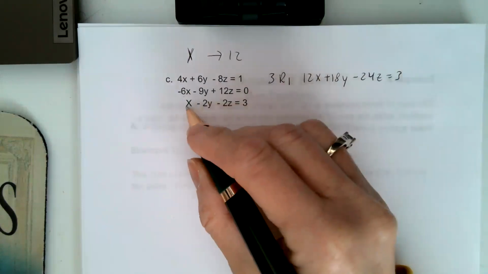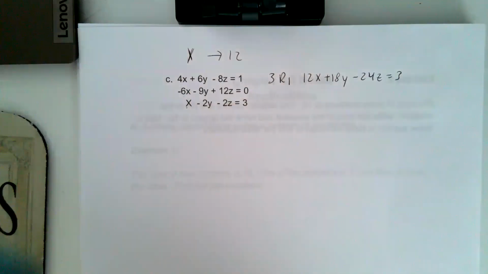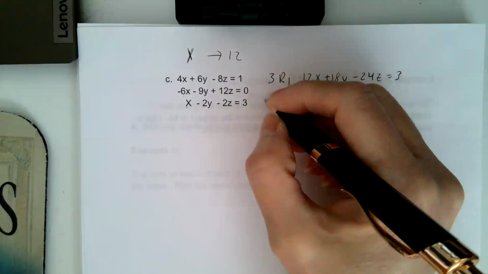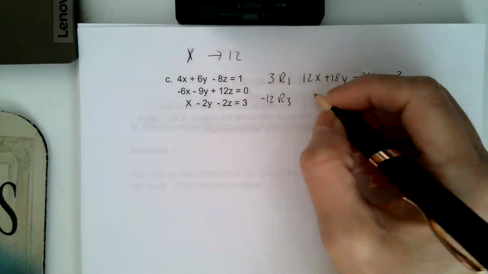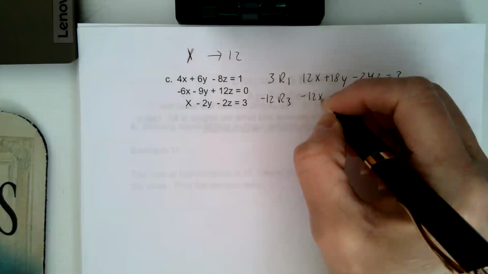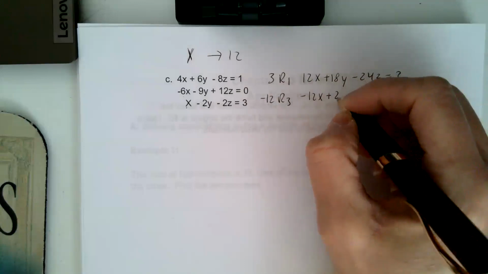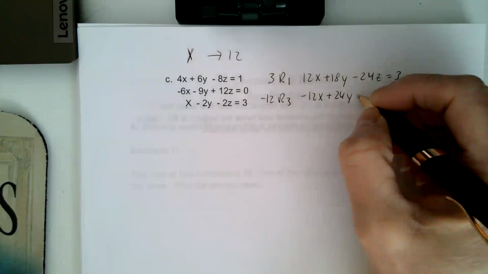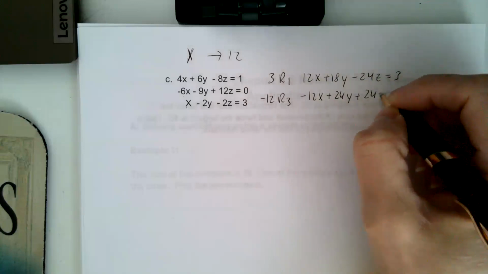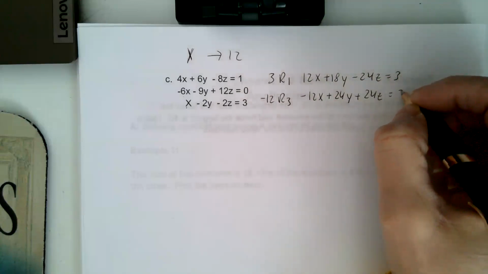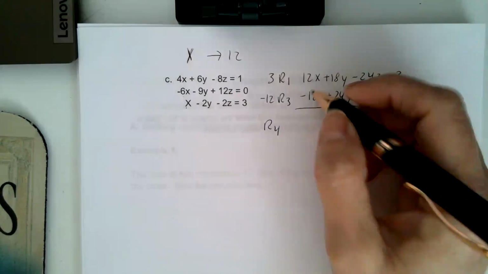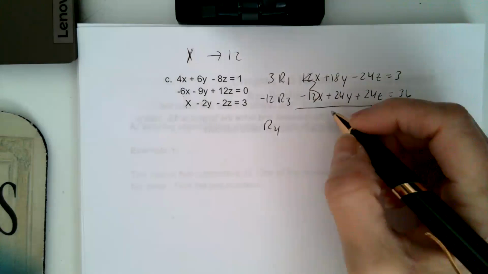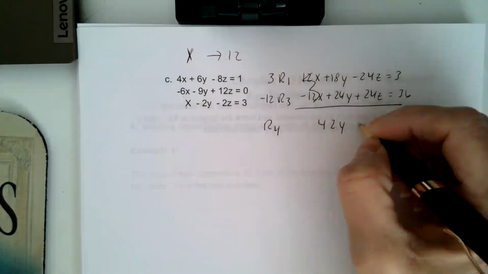And then I'm going to do a negative 12 to row 3. So a negative 12X plus 24Y plus 24Z equals 36. So the row 4, when my X's eliminate, is going to be 42Y.